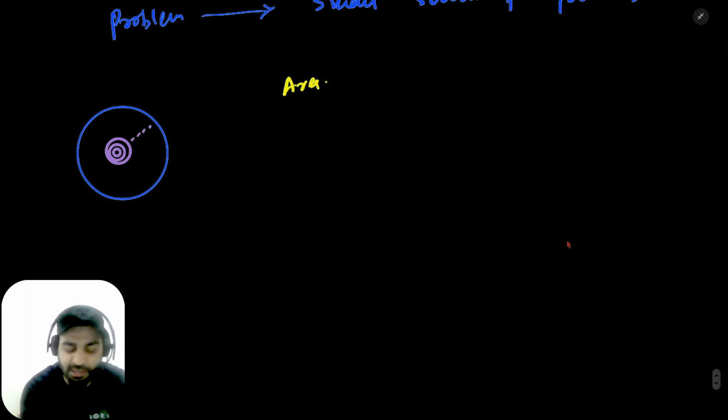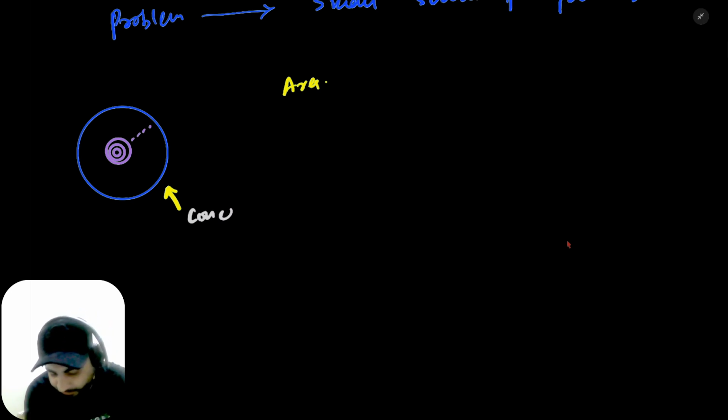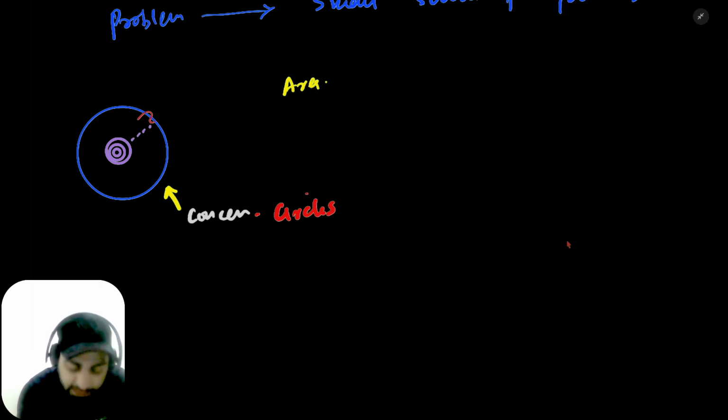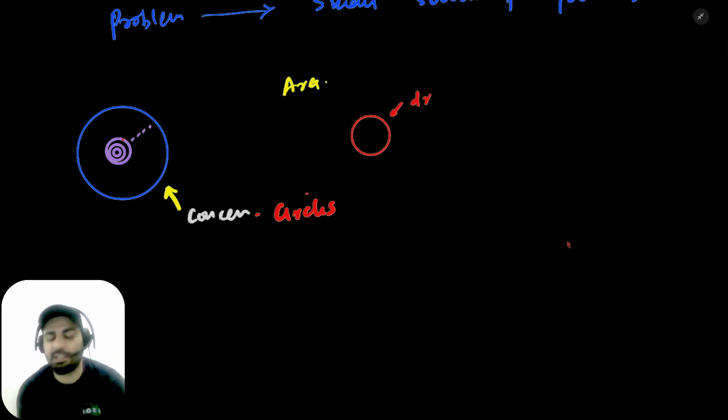So this circle is basically made up of concentric circles. I'll call them concentric circles. If I take one circle like this, I'll call its thickness dr, the thickness of each circle, which is tending to 0.